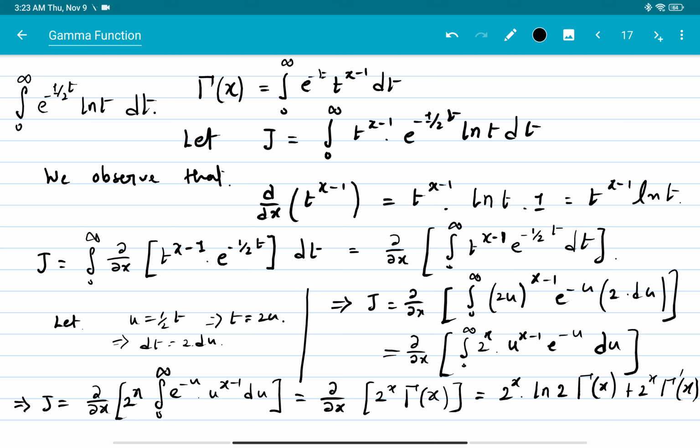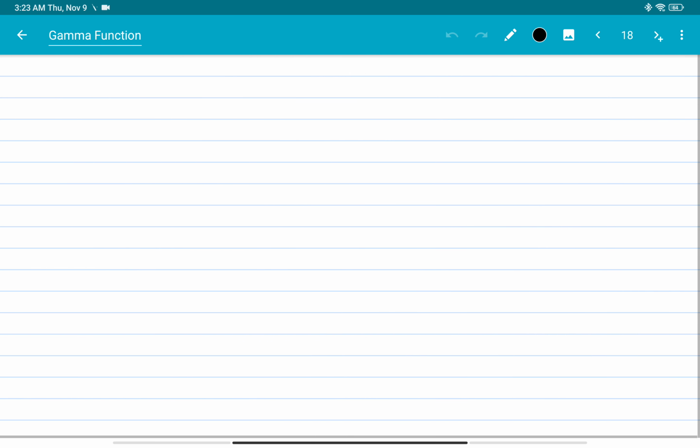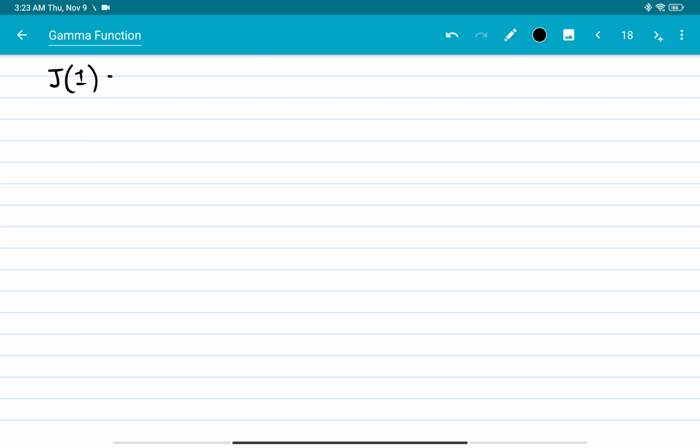Let's take J of 1, so that it will help us evaluate things. If we take J of 1, that means 2 natural log of 2 gamma of 1, plus 2 gamma dash 1.